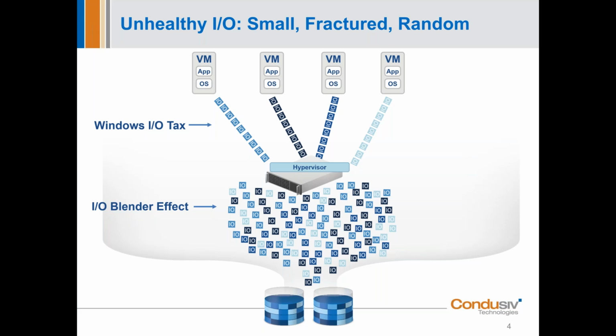So basically, what comes out between the physical host hypervisor and the disk storage controller is now a chaotic mess of small, fractured, and now very randomized I/O streams that by the time they hit the storage controller couldn't be less storage friendly. It means that the storage controller is only receiving data in very small packets at a time, so it only has the opportunity to create very small stripes across its media, and that means many more storage level operations than if the data hadn't been split as it was being written all the way up at that NTFS layer.